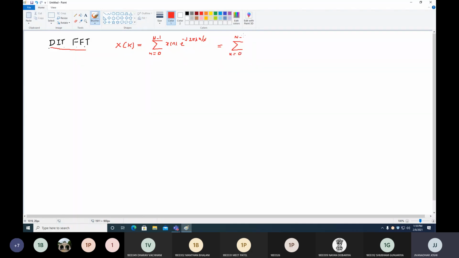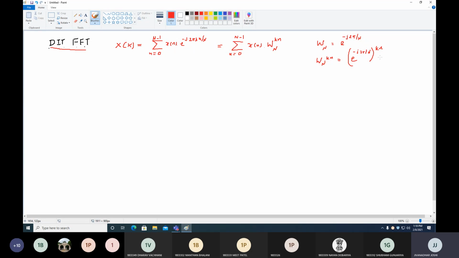notations, and it can be written as x of n into W suffix N raised to kn, and we know that W suffix N is equal to e raised to minus j 2 pi divided by N. So when I say W_N raised to kn, it simply means e raised to minus j 2 pi by N, raised to kn.